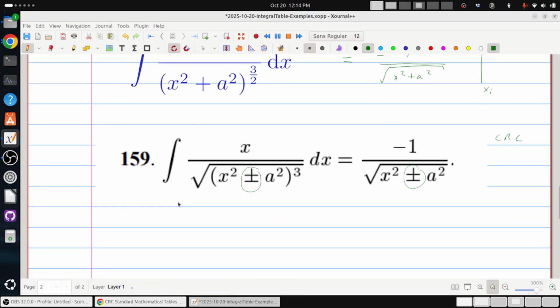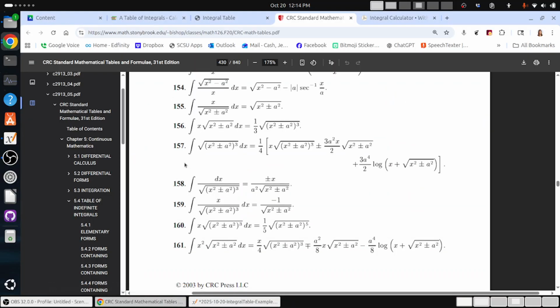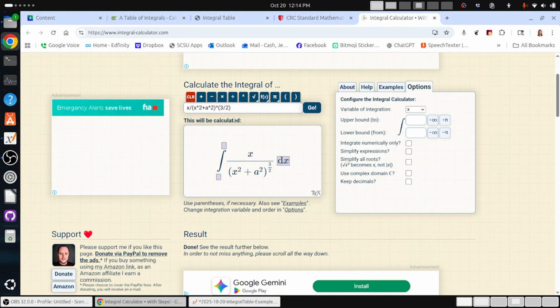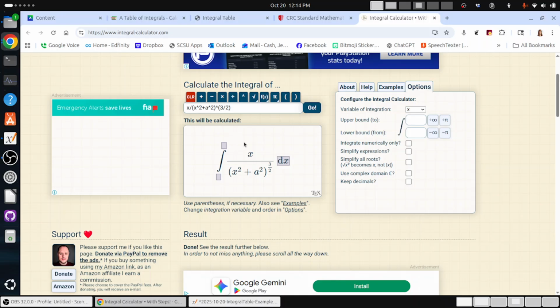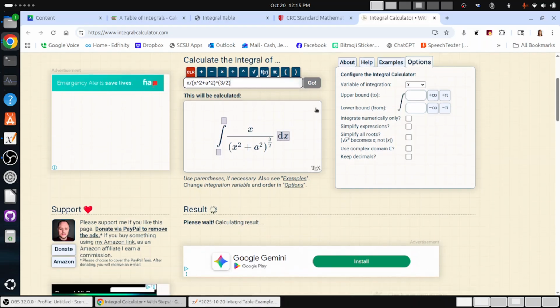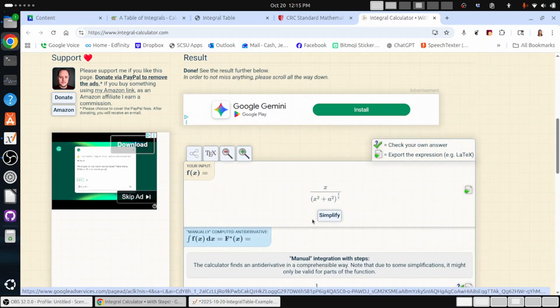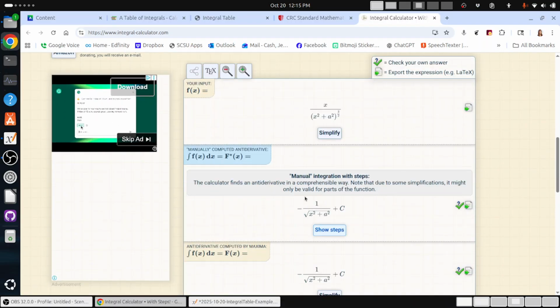But I also want to show you not just the CRC table, but our integral calculator. The integral calculator's been trained on a lot of things, so it's able to do this. I've gone ahead and typed in this whole thing, and I'm going to say go, and it's going to calculate. It says, okay, this is the function I'm trying to do, and this is the answer that I get.